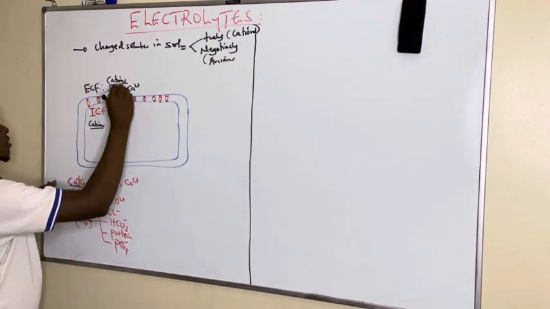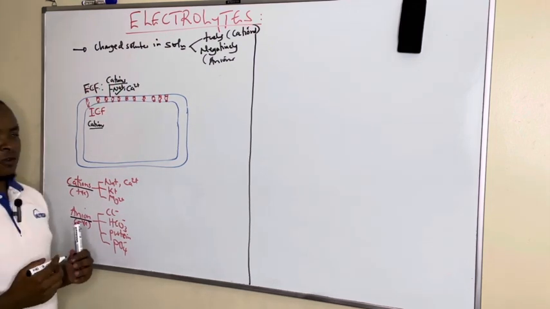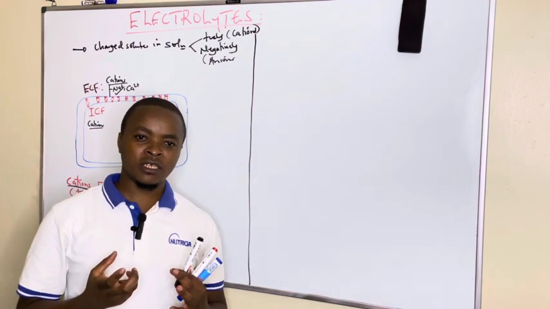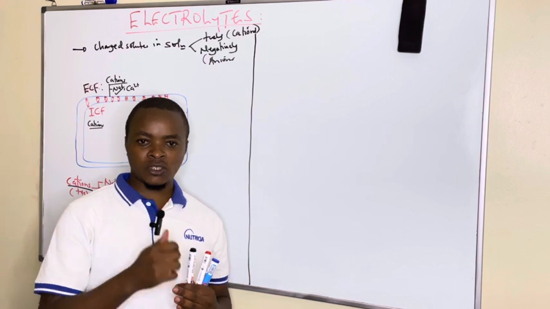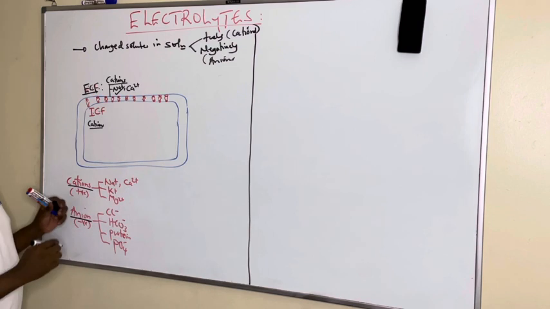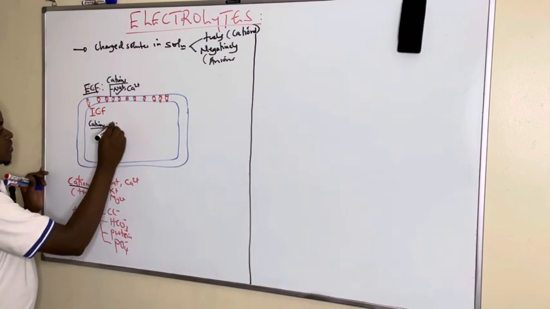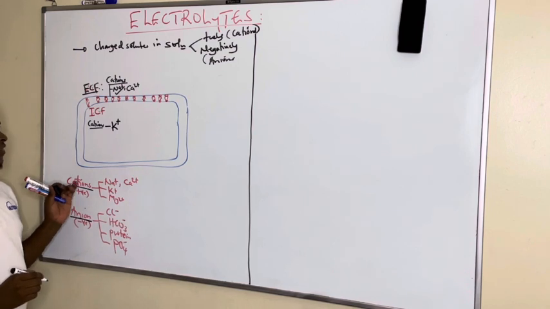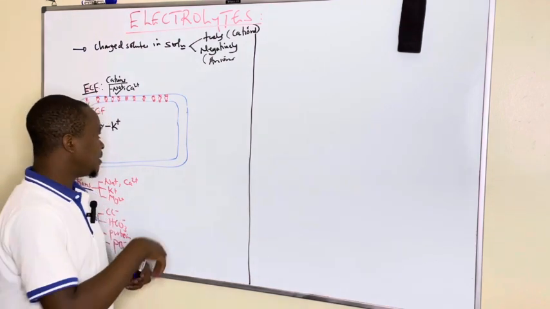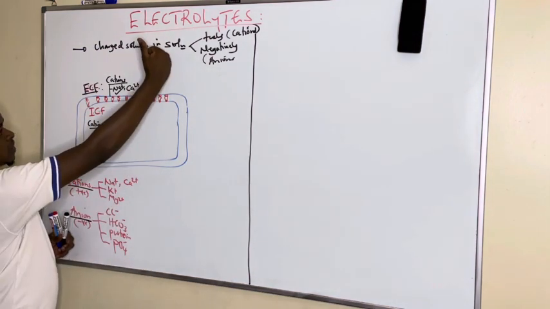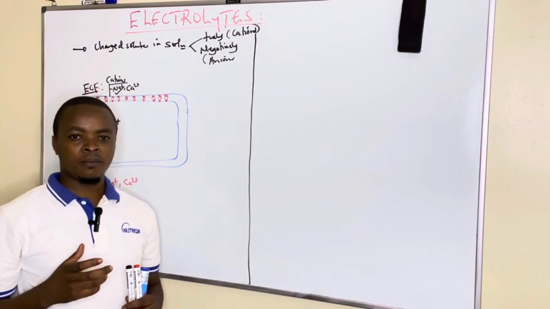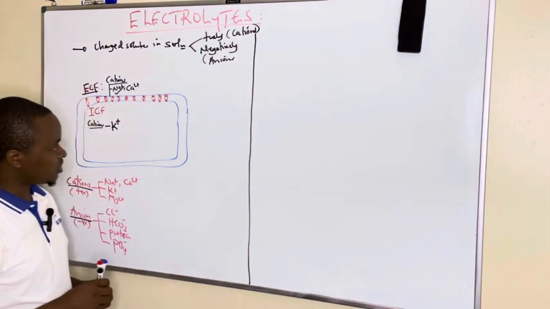Whenever you are asked which of the following is the principal cation in extracellular fluid, that is sodium. But the principal cation in intracellular fluid is potassium. Because this is a cell, the outside of the cell is extracellular and the inside is intracellular.